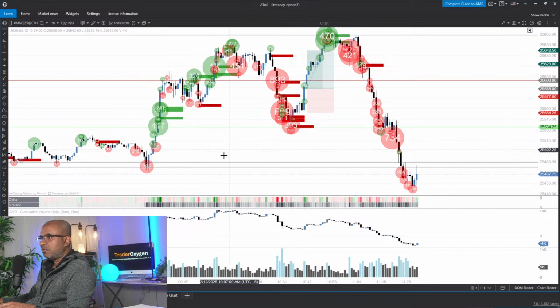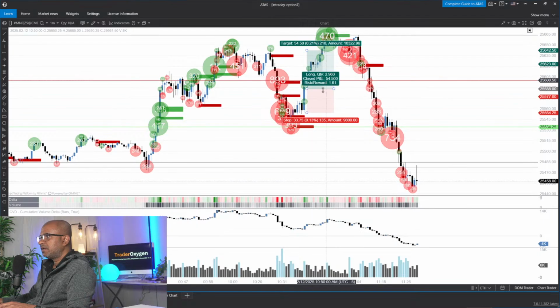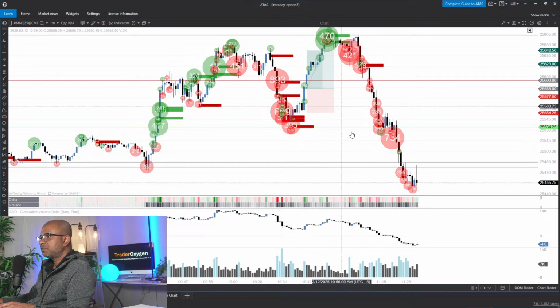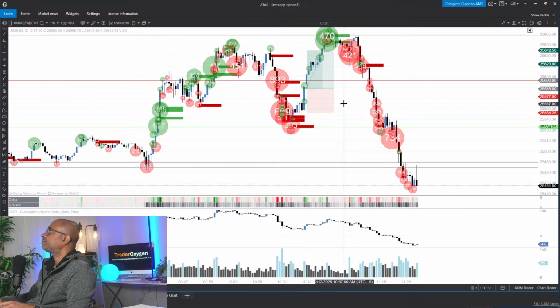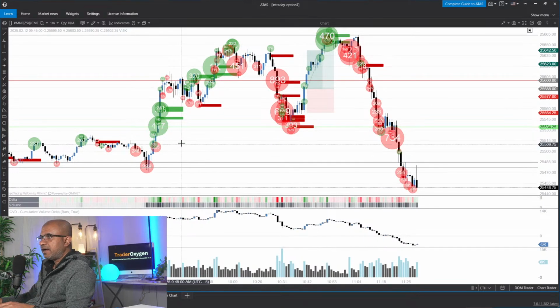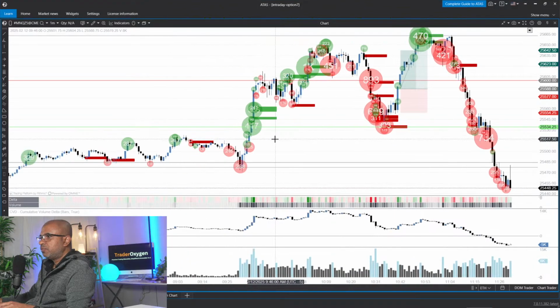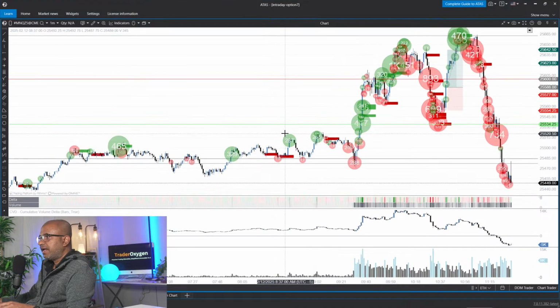So if you look over here at that time, this is where we placed a quick buy entry, but let me explain why we placed that buy entry. At that exact time, this is where the price pushed from that range.